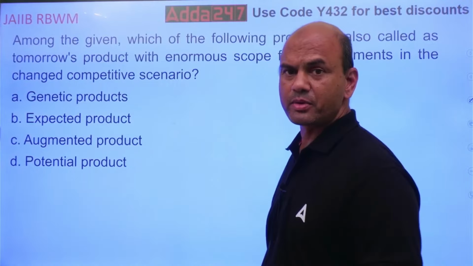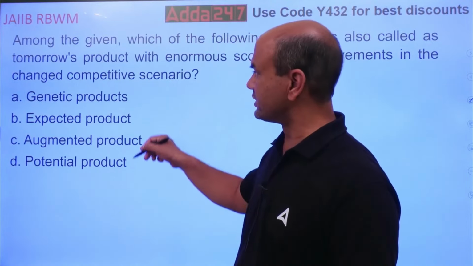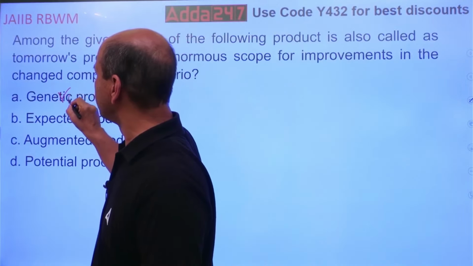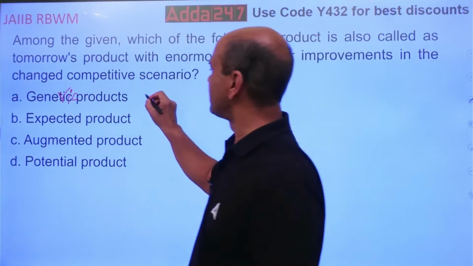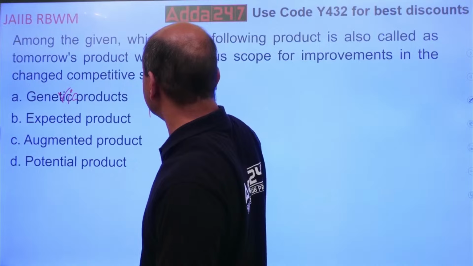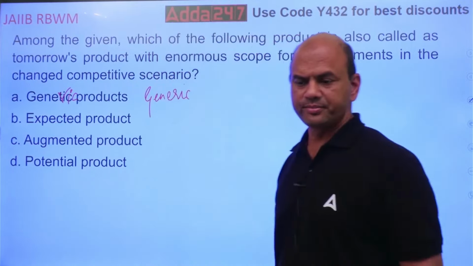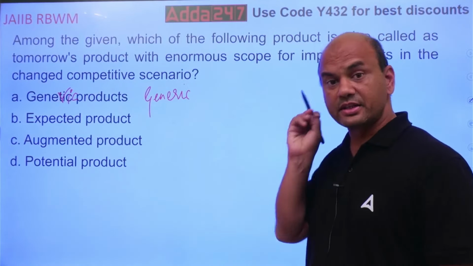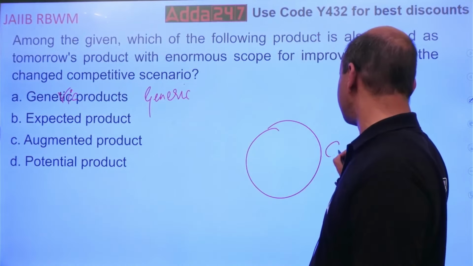Always remember, there are 4 to 5 product levels. See this, it's given generic, it is not genetic, generic products. I'll write it over here. So these are the levels of products.